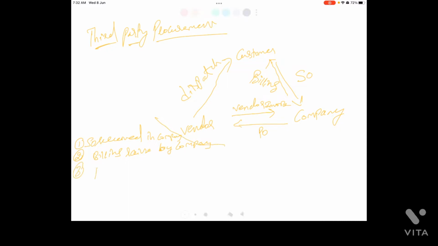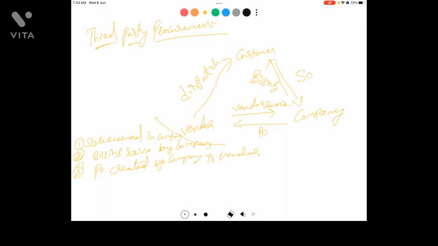The third point is PO created by the company to the vendor, requesting that the delivery address should be the customer address, not the company address.